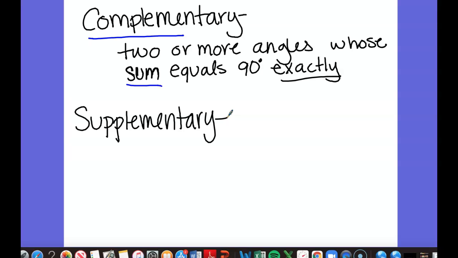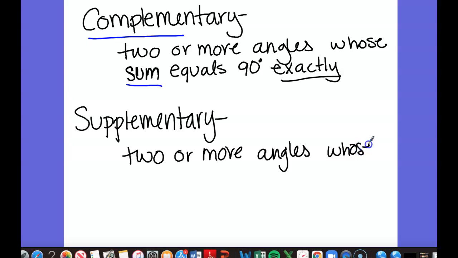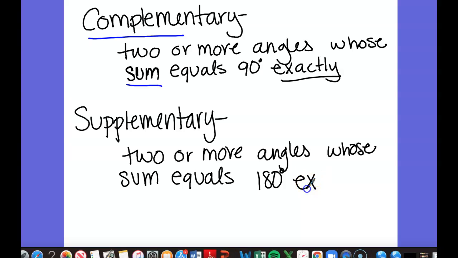And supplementary angles are two or more angles whose sum equals 180 degrees exactly. Okay? So again, it has to be two or more angles.